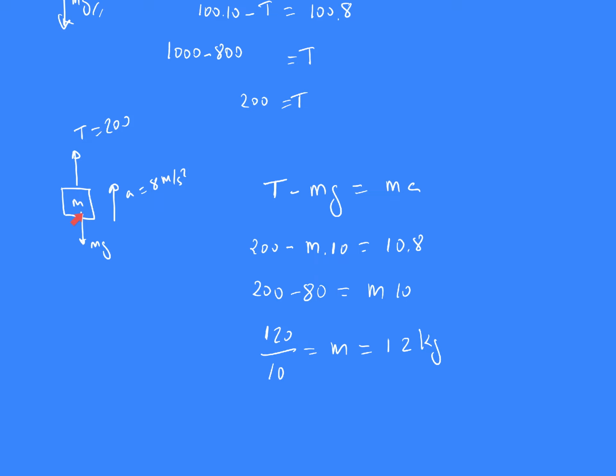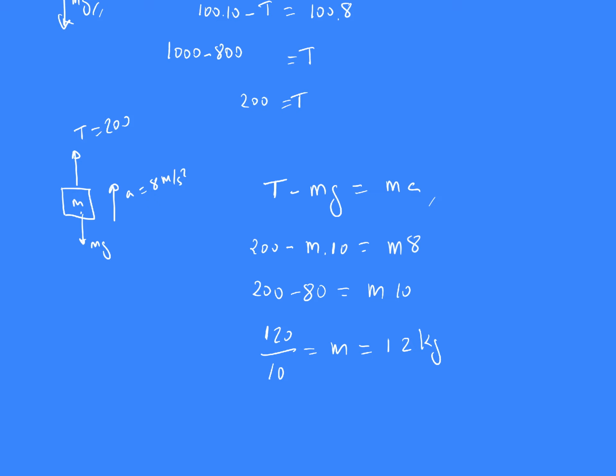So now I will apply Newton's law to the little m. So I will do a free-body diagram for little m. The acceleration is going upwards, so the tension is positive. So T minus mg equals ma. T is 200, m is unknown, g is 10, m by a, m by 8, the acceleration is 8 meters per second squared.